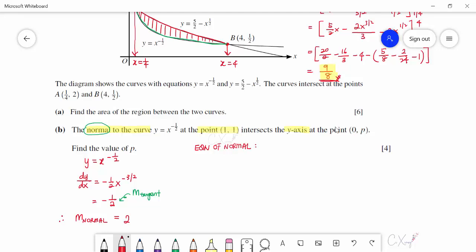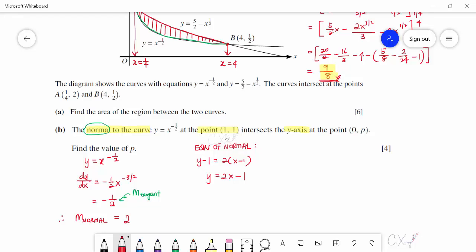I need a gradient, which you already have, and the passing point. The normal line passes through the point (1, 1), so the equation will be y minus 1 equals 2(x minus 1). If I continue from here, I will get y equals 2x minus 1.